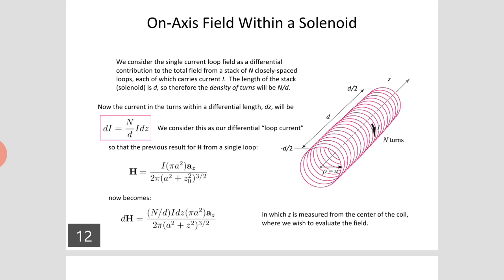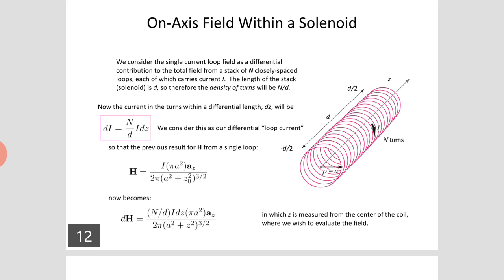Here we consider a single current loop field. You can see in the figure the solenoid with d as the length of the stack along the z-axis, ρ equal to a, which is the radius, and n the number of turns.